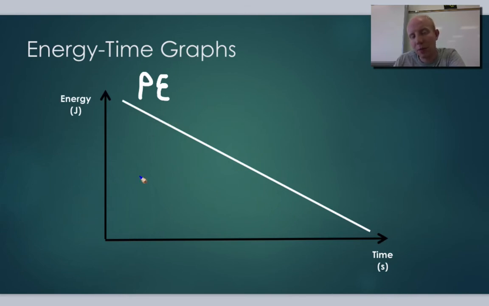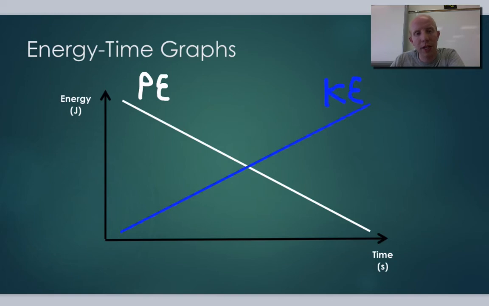For simplicity's sake, let's just say it's kinetic energy. So if the potential energy graph looks like this, the kinetic energy graph must be able to match it. It's going to go in the opposite direction to match the graph. So as potential energy goes down, kinetic energy is going to go up.